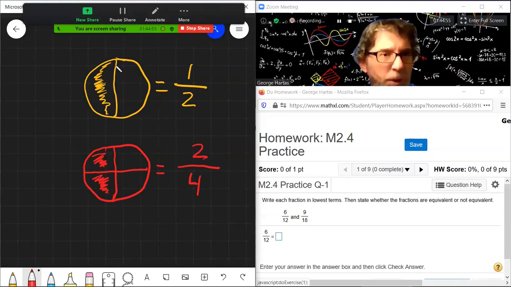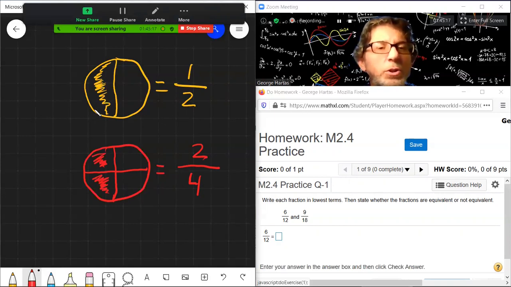Now, again, assuming these are both identical in size, we can see that this part that is shaded is exactly the same area as this part that's shaded. This and this combined is equivalent to this area.